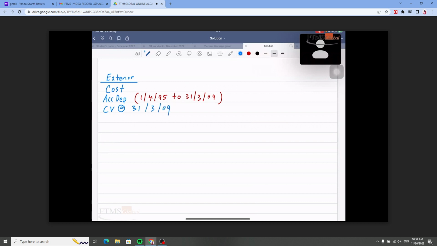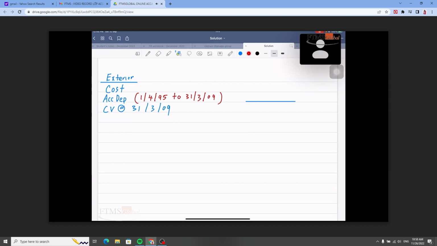So of course, I need your help to fill this up for me. The information is all there. I give you one clue. Be very careful when you're calculating your depreciation. This is not a December year end.